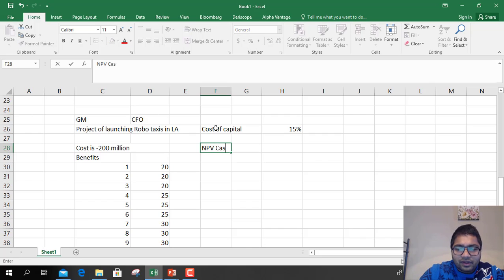Next you create the NPV cash flow profile.